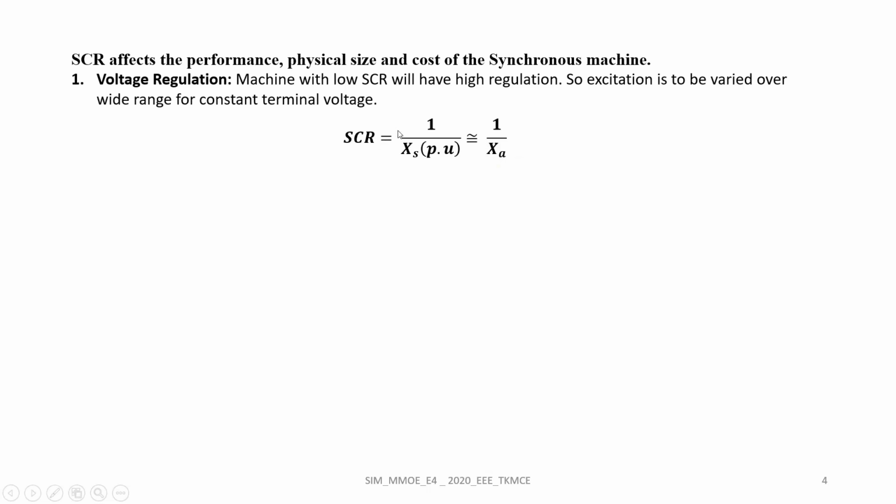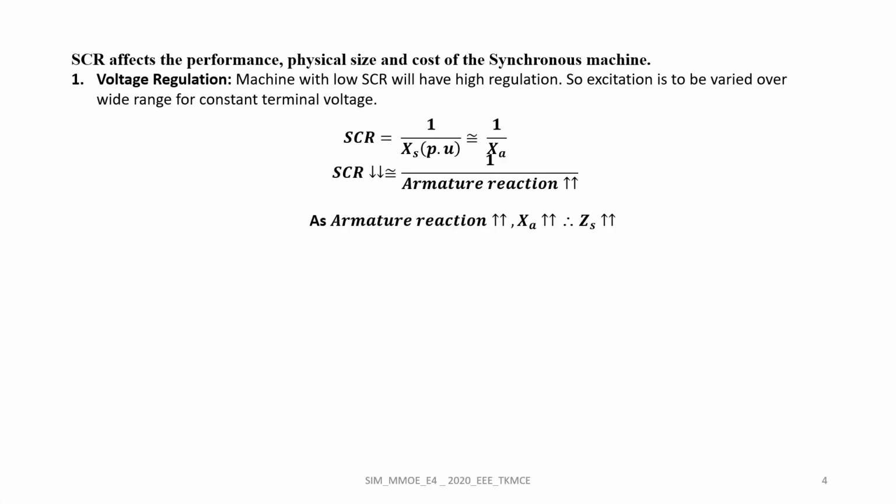So SCR can be approximated as 1 by XA. What is XA? XA is the fictitious reactance that represents armature reaction. So we can say that SCR is equal to 1 by armature reaction. As armature reaction is more, the reactance that represents the armature reaction effect is also more.